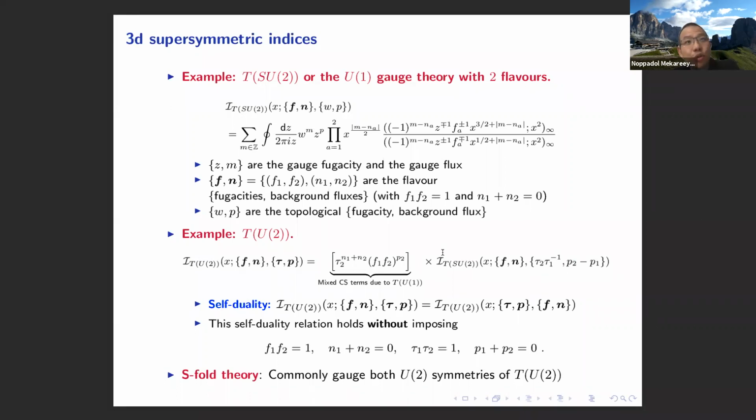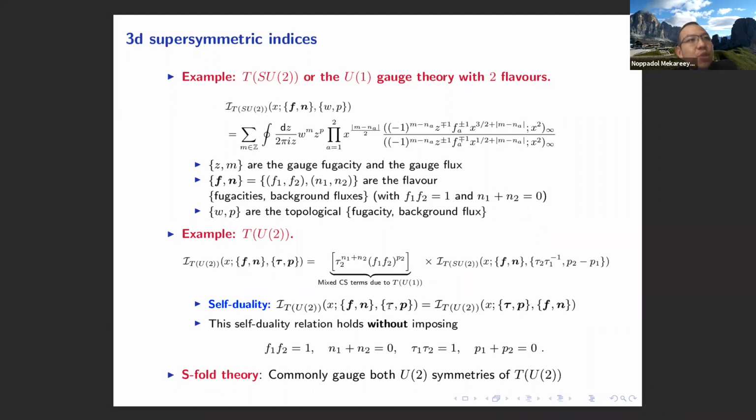To form T[SU(2)], what you have to do is multiply by the mixed Chern-Simons term. This is where it gets interesting, and this probably answers a question you had earlier: in terms of the partition function, how do you write T[U(2)] explicitly? So indeed, this is T[SU(2)], and you multiply by some factor. What does this factor do? It imposes the self-duality of the theory.